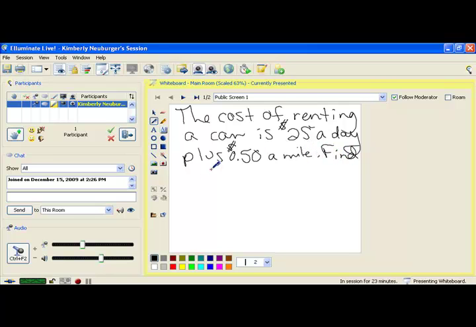Find the cost for 10 miles, which wouldn't be very far, and you might not want to actually rent the car for that.